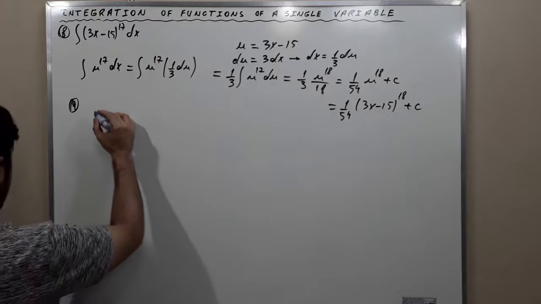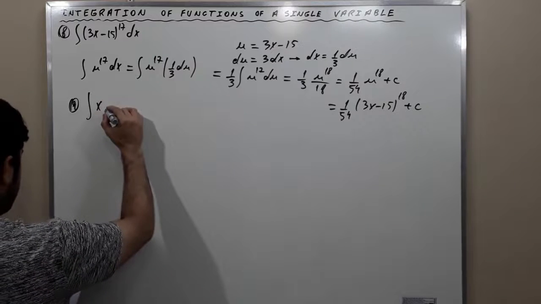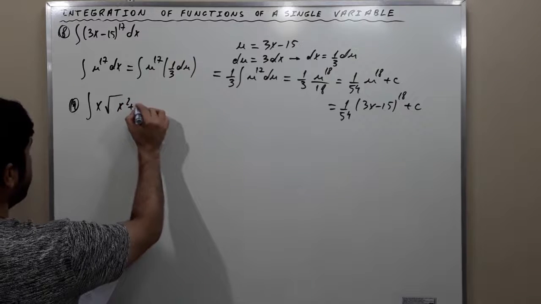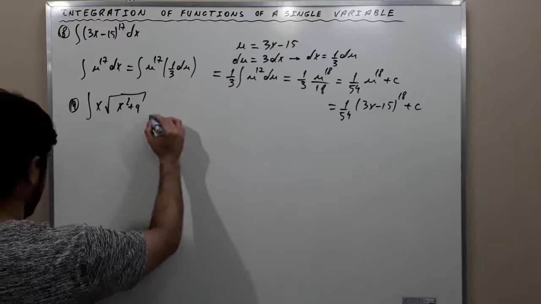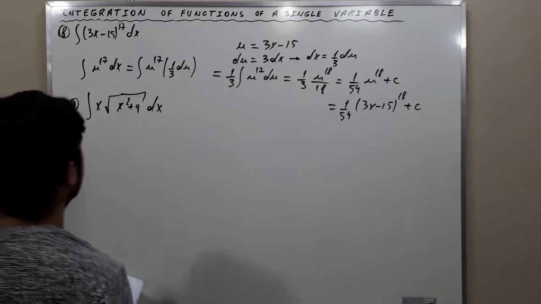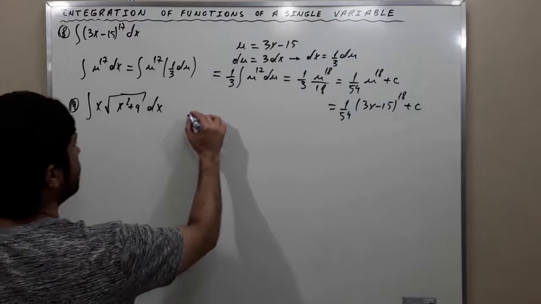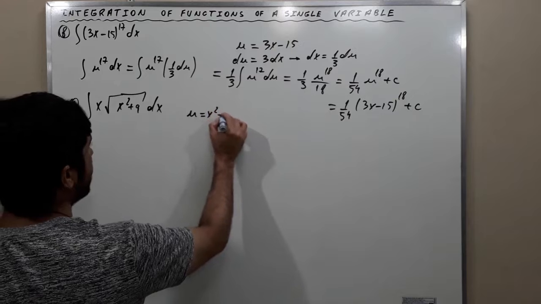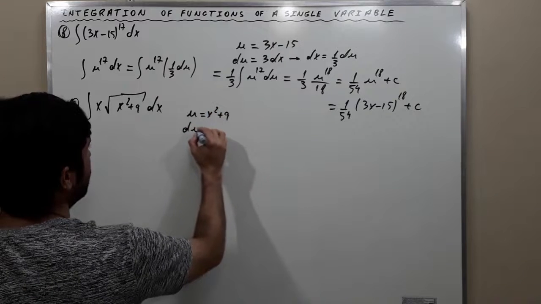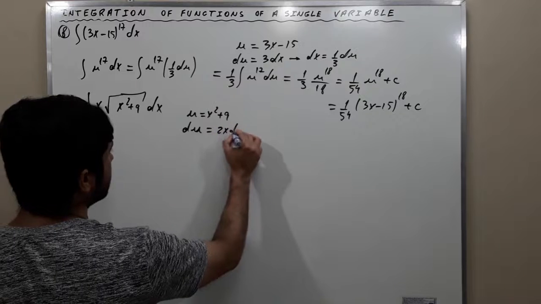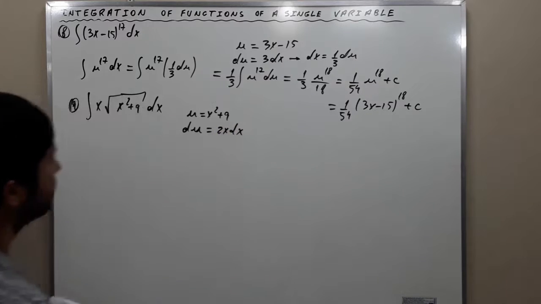Exercise 9 is going to be the integral of x times the square root of x squared plus 9 dx. Okay? We are going to use that u is equal to x squared plus 9, where du is equal to 2x dx.